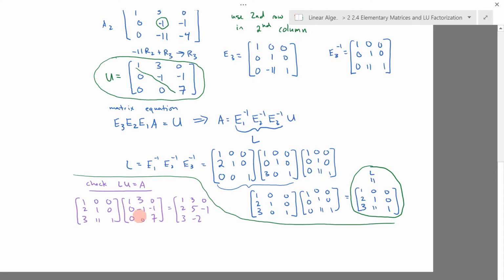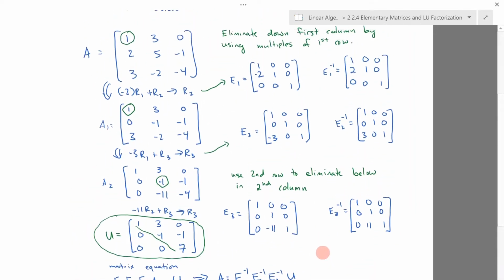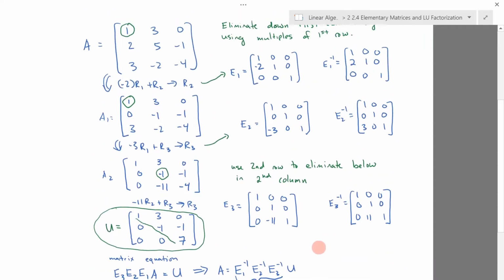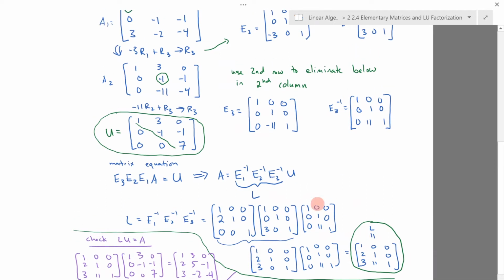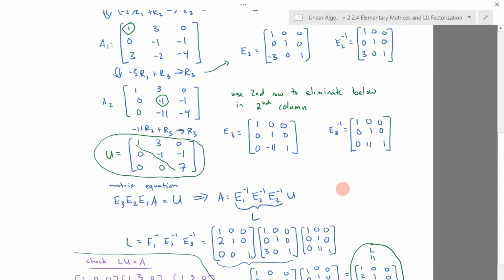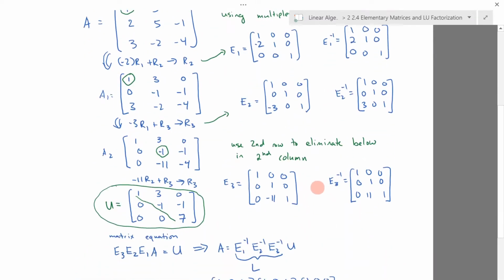And then negative 11 plus 7 is negative 4. So that's L times U. And then this is the same as A. So 1, 1, 3, 0. 2, 5, negative 1. Then 3, negative 2, 4. And so this checks out. Okay, so we have our LU factorization, and this is the entire procedure to obtain it.